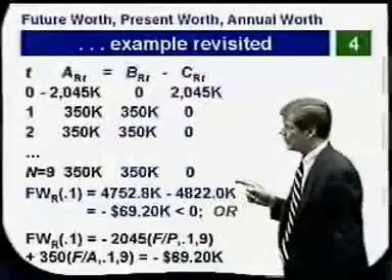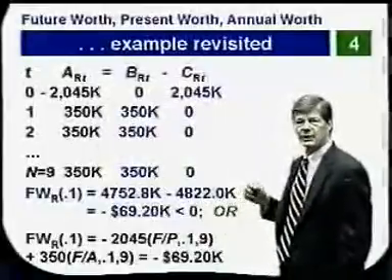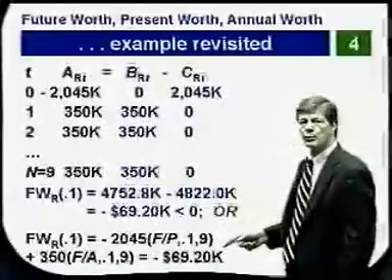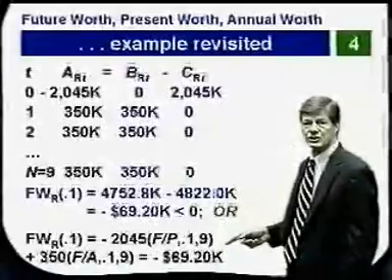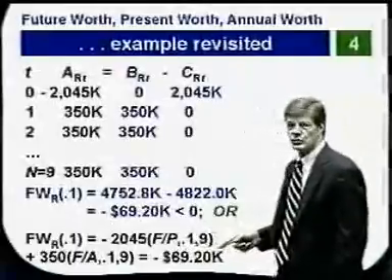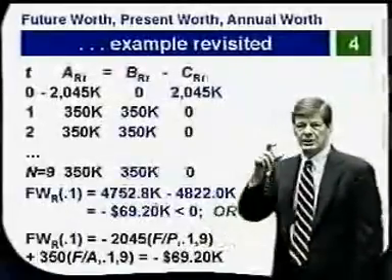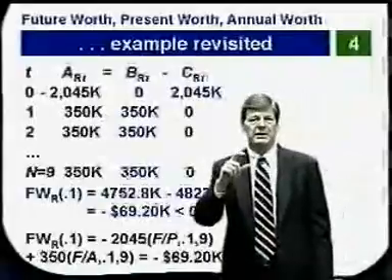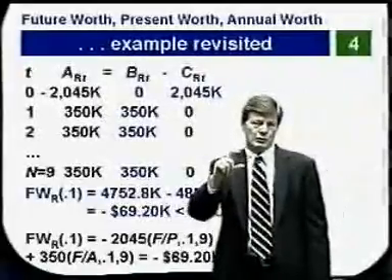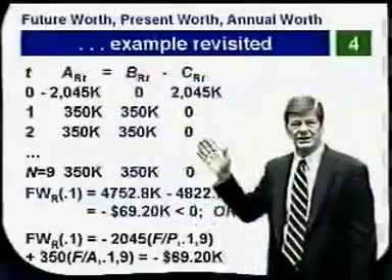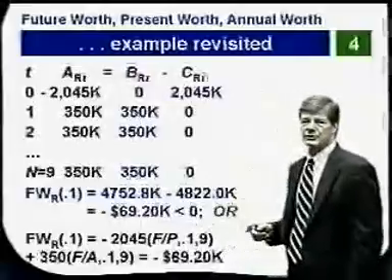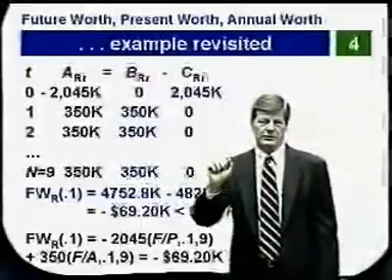In other words, by accepting the robots, by installing them, this says I would be poorer, that is, less well off, by $69,200. It's a relative amount, meaning the increment that I would incur as a consequence of accepting or rejecting that cash flow stream. It is not an estimate of my total wealth.